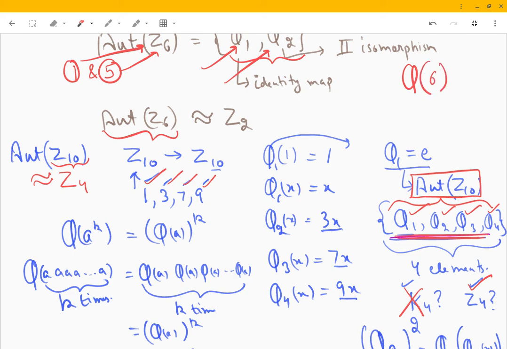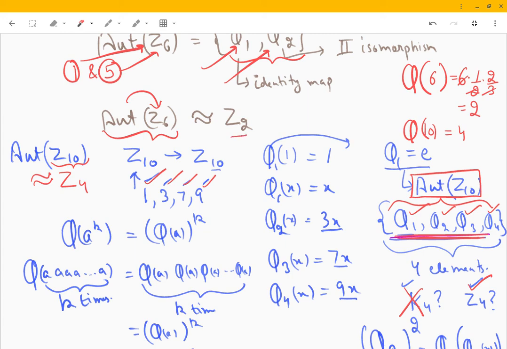Phi of 6 is 6, 1 by 2, 2 by 3. I hope you know this. 2 generators. Similarly, phi of 10 is 4. So automorphism of Z10 is isomorphic to Z4. Automorphism of Z6 is isomorphic to Z2.